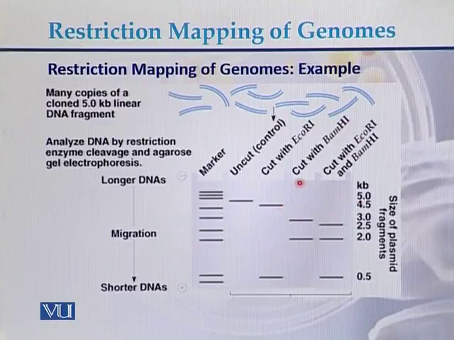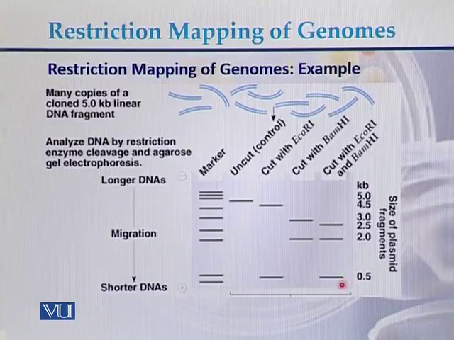And when we cut the same DNA with another restriction enzyme, BamH1, it produces two different fragments. The size of the first fragment is 2 kb and the size of the second fragment is 3 kb. And when we use both restriction enzymes simultaneously, it produces three different fragments.